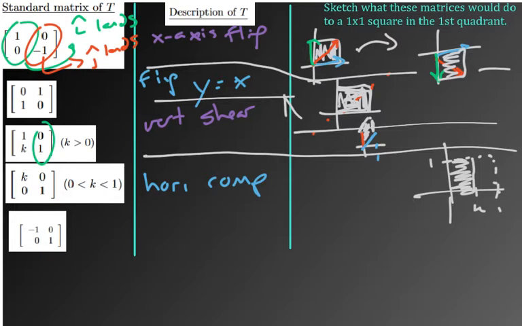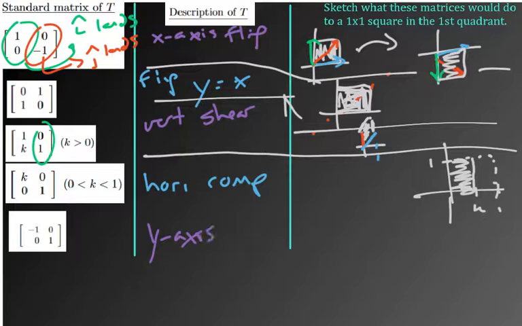Last one here. Now, again, j hat's the same. Maybe I was too boring with that in a lot of these problems at the end here. But i hat, you're going to negative i hat, right? And so you're taking i hat and flipping it to negative. So this one's probably pretty easy to see that it's a y-axis flip this time.